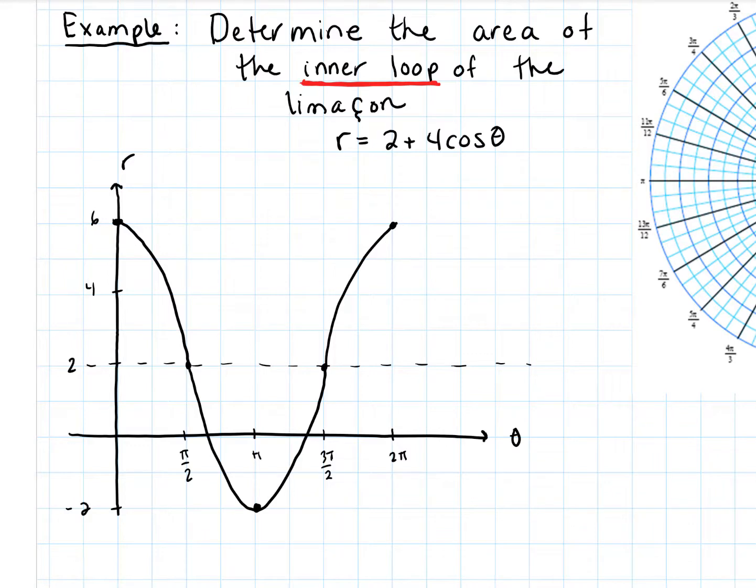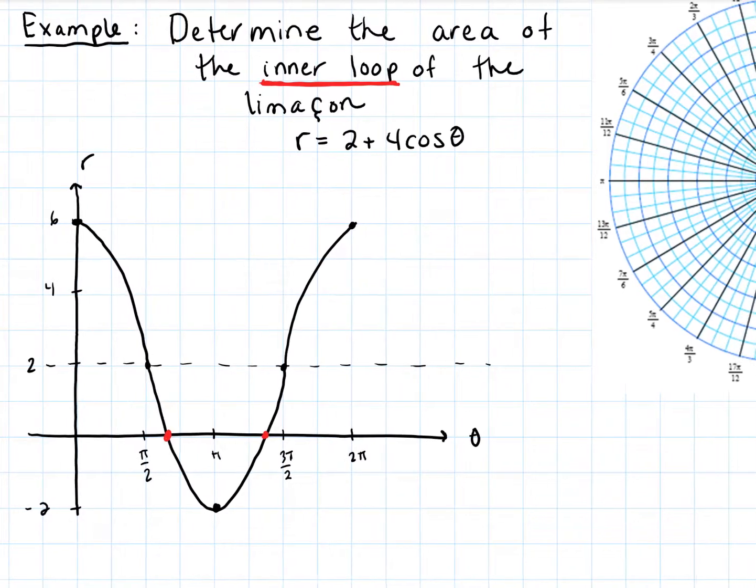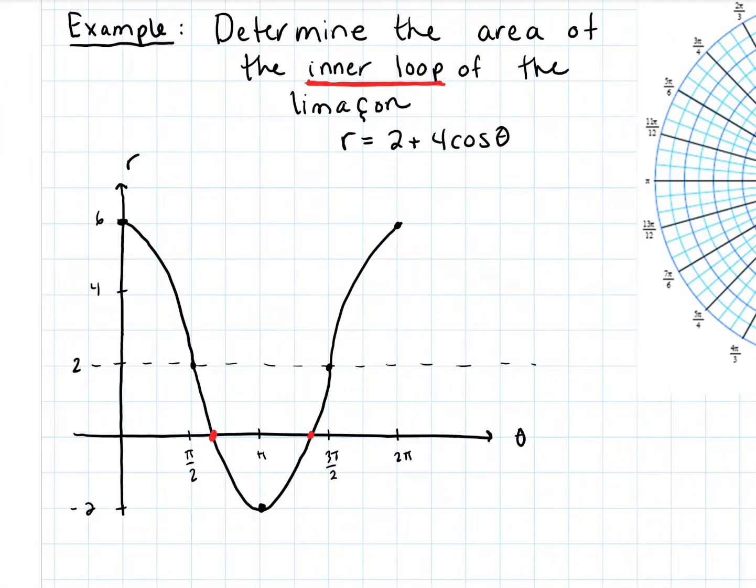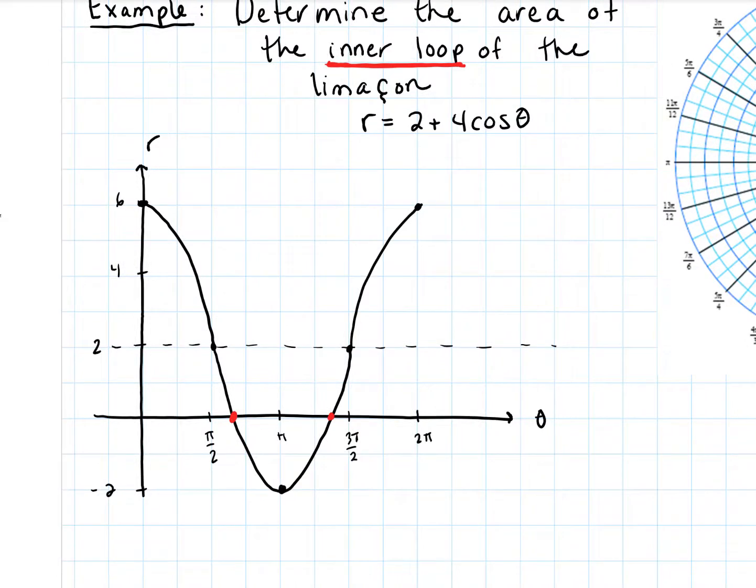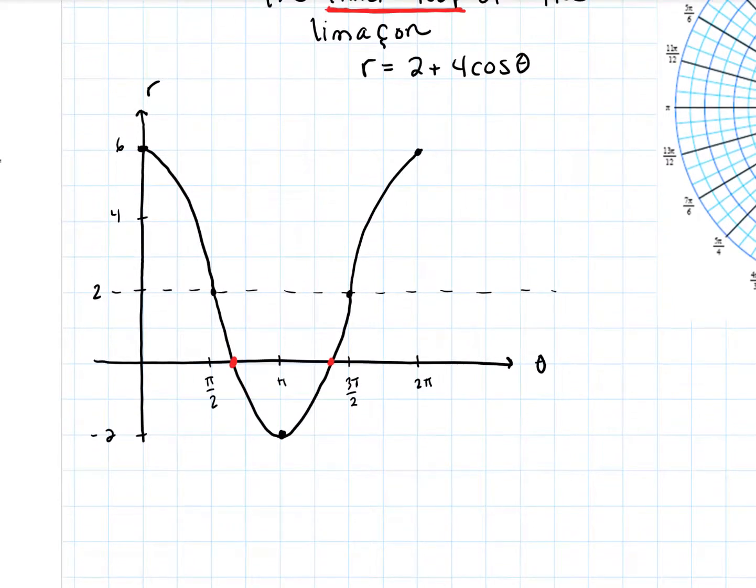Now, something interesting is going to happen right here, and we'll talk about where those intersection points with the theta axis are in just a second. But first, let's get this graph. Actually, you know what, let's find those points right now because it will be helpful to know where they are when we get over to the graph. Those particular points where it's hitting 0, if we wanted to find those intersection points, we find when r equals 2 plus 4 cosine of theta actually equals 0.